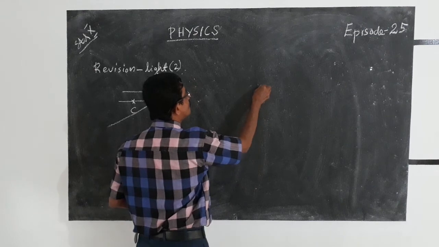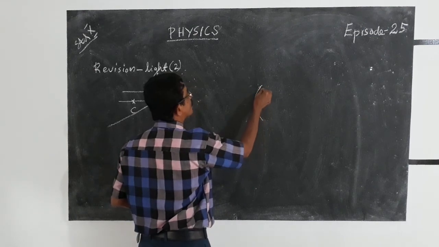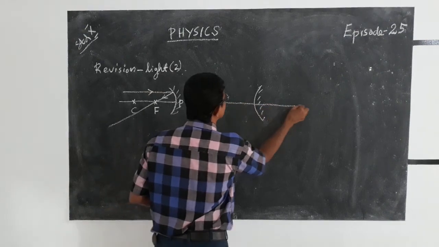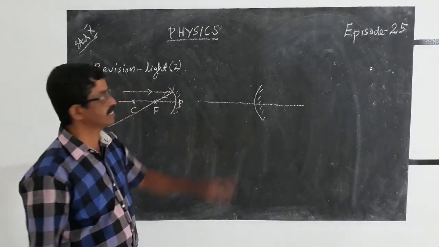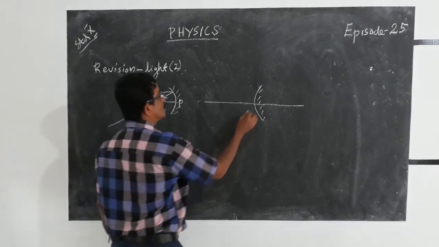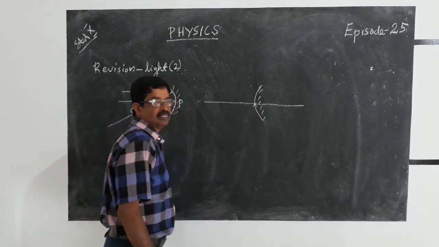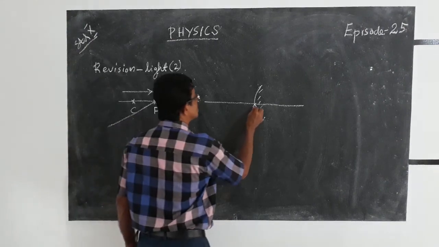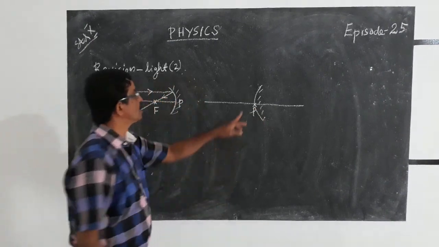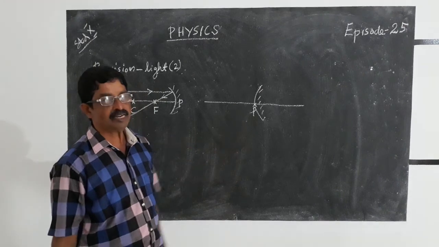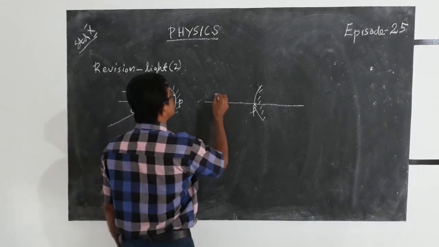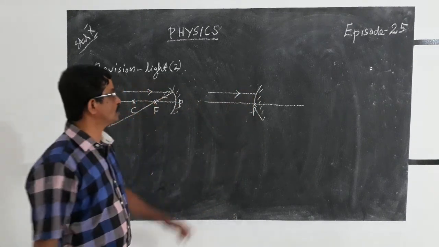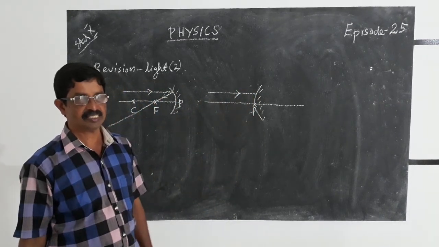Now consider a convex mirror. This is the principal axis. What is this point called? It is P, the pole, and this ray is parallel to the principal axis.